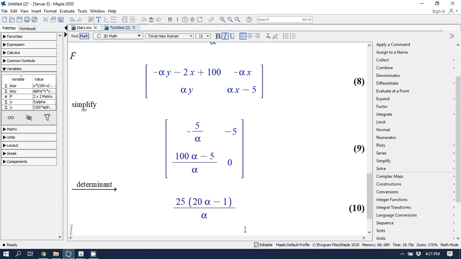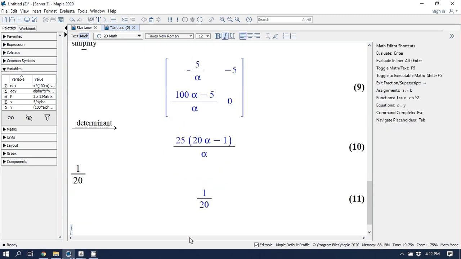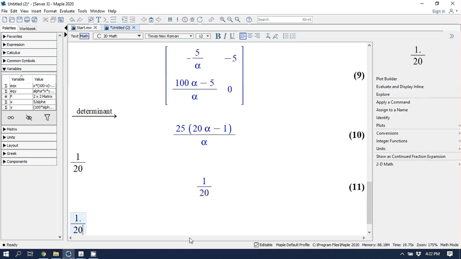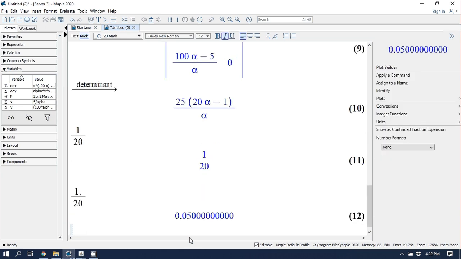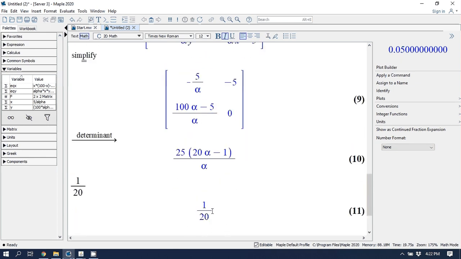And we can see that the determinant is positive if 20 alpha minus 1 is greater than 0, or alpha greater than 1 over 20, which is our threshold, right? Another trick, if you want this in decimals, just put decimal format for one of the entries. So 1 over 20 is 0.05. So the stability is determined by alpha being less or greater than 0.05 for each equilibrium point.